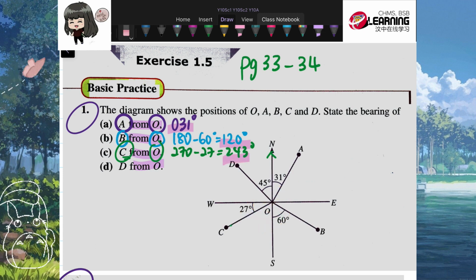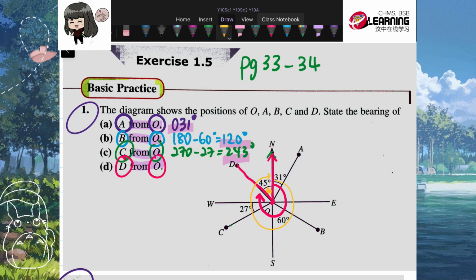Okay, now let's look at the last one, D from O. From O, you form a north, and then you draw a connecting line DO, and then it's clockwise. Don't do 45. 45 is wrong because 45 is anti-clockwise already. So from here we know that this full circle is 360.